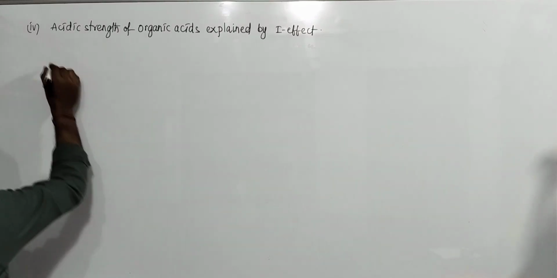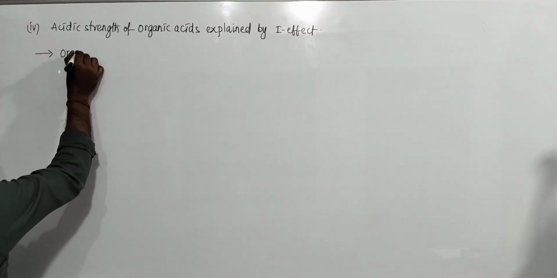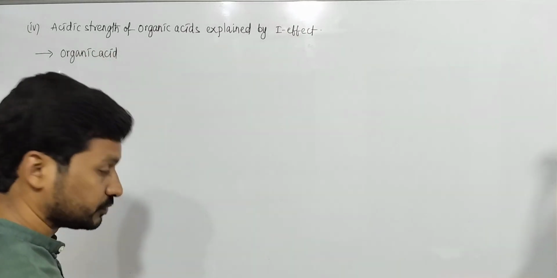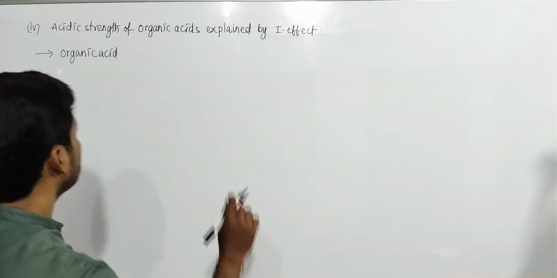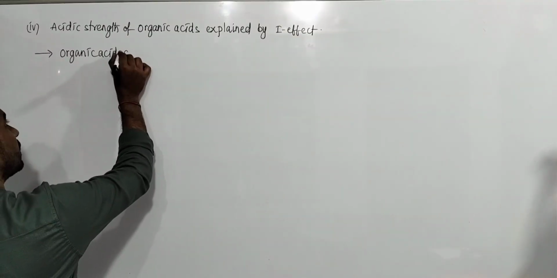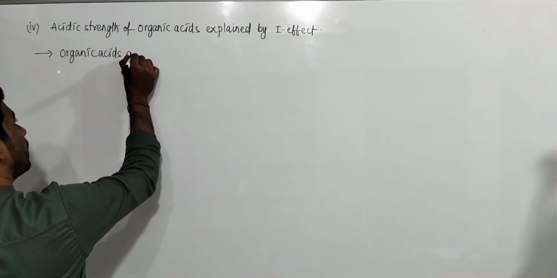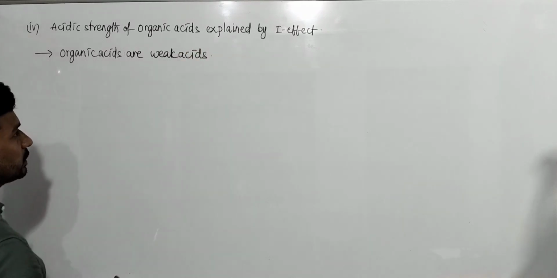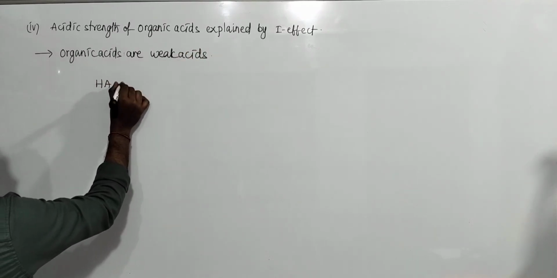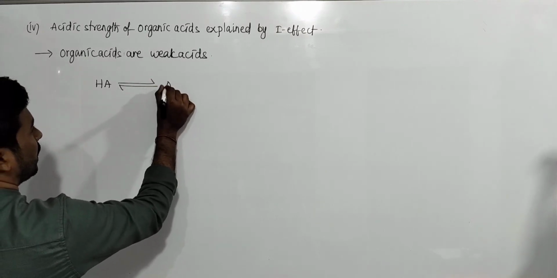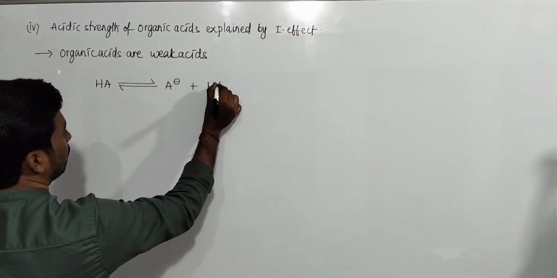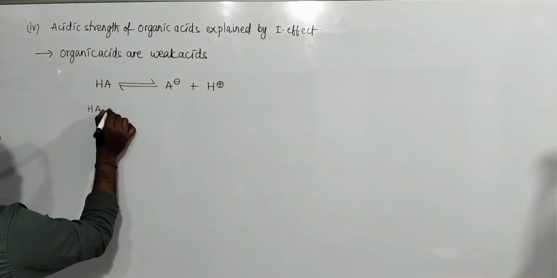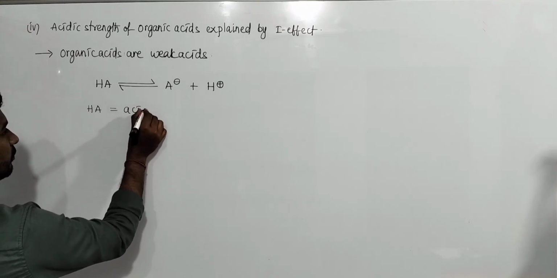First of all, we need to remember organic acids are weak acids compared to inorganic acids: perchloric acid, sulfuric acid, nitric acid. Those are inorganic acids. Organic acids are weak acids. So taking HA, that splits into A minus and H plus. So here HA is a species that provides H plus ion. In Bronsted sense, it is what? Acid.